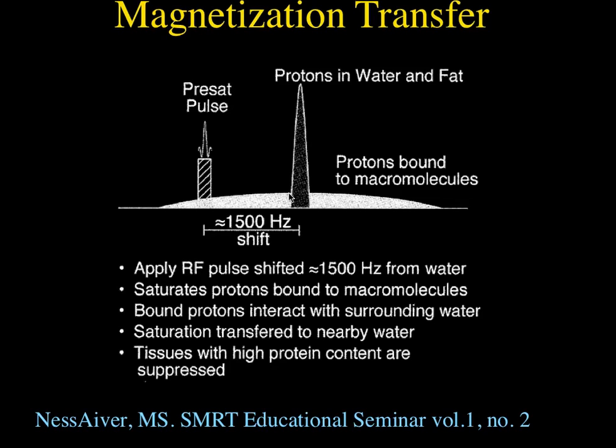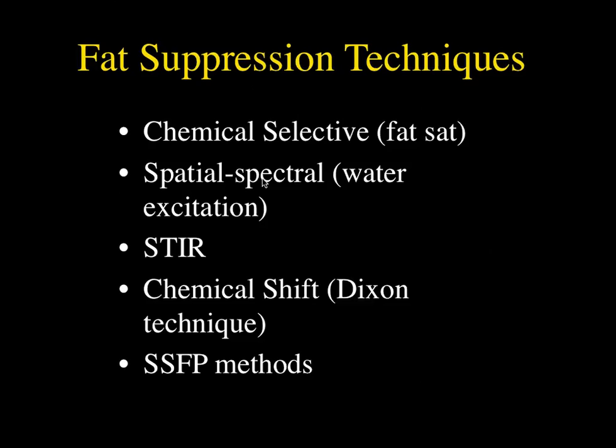But since you do not have a lot of macromolecules in the vascular space, it doesn't affect the water in the vascular space. So you can suppress the signal intensity from the background brain substance and bring out the signal intensity from vessels and therefore increase the contrast in vessels. So a lot of the angio sequences use magnetization transfer to improve the contrast of vessels. This is just from trying it on cartilage.